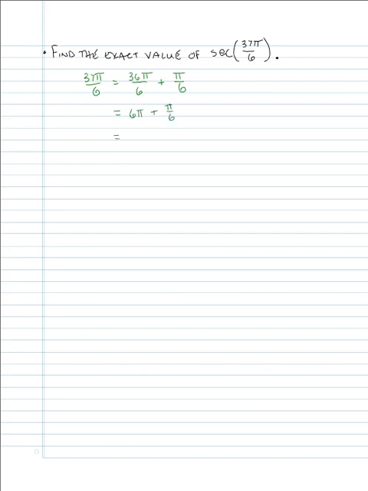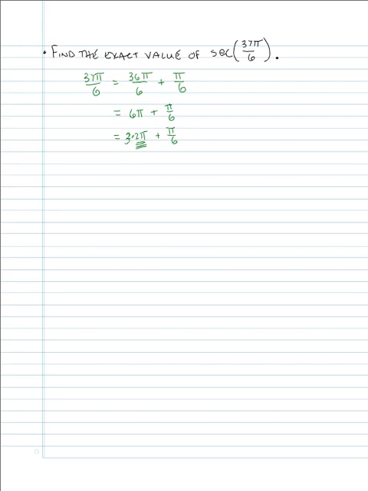And the secret to 6 pi is it's actually 3 times 2 pi. And the reason I'm pointing that out is 2 pi is 1 revolution. 6 pi is 3 revolutions. And so what this is really telling us is that with 37 pi over 6, we go 3 full revolutions and then pi over 6 further.